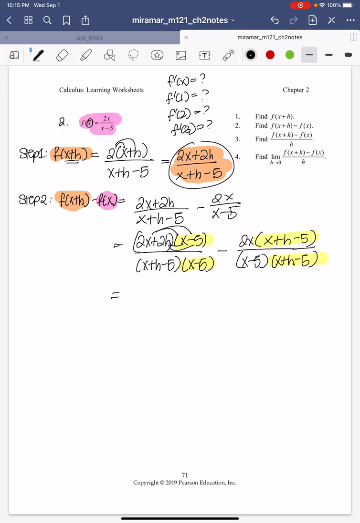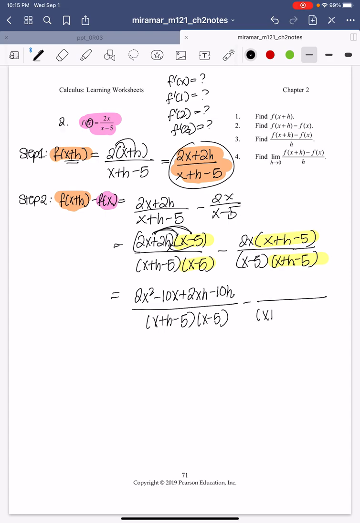So I have 2x squared minus 10x plus 2xh minus 10h on the first one. And then for the bottom one, I'm just going to leave it not distributed because I already have the bottom the same. You can distribute it, but I can always distribute it later on.